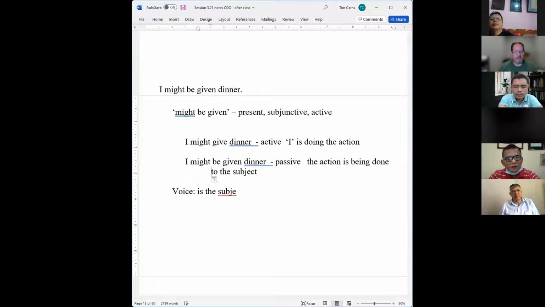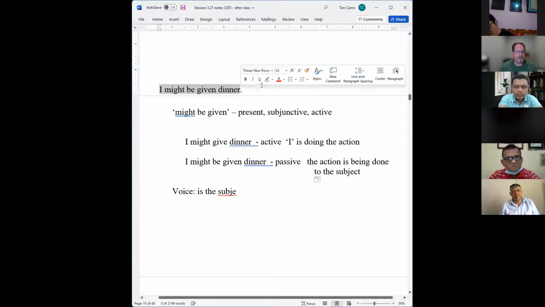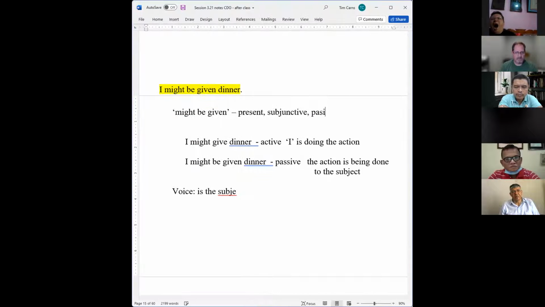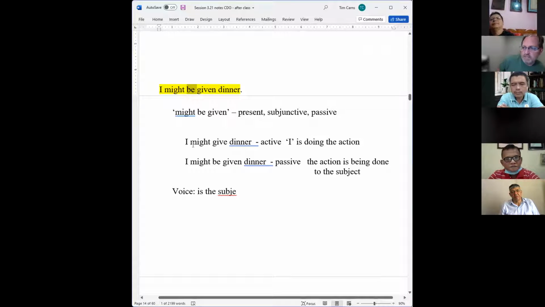Okay. Therefore, passive. So in this case up here, this sentence is passive. Again, that verb of being there, be, tells us that the subject's not doing the action, it's being done to him. Does that make sense?